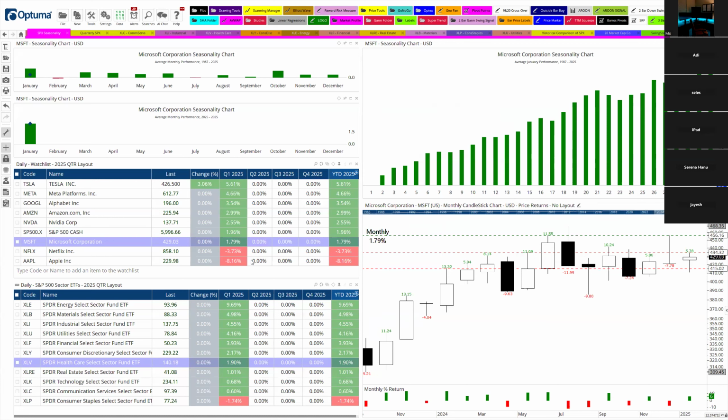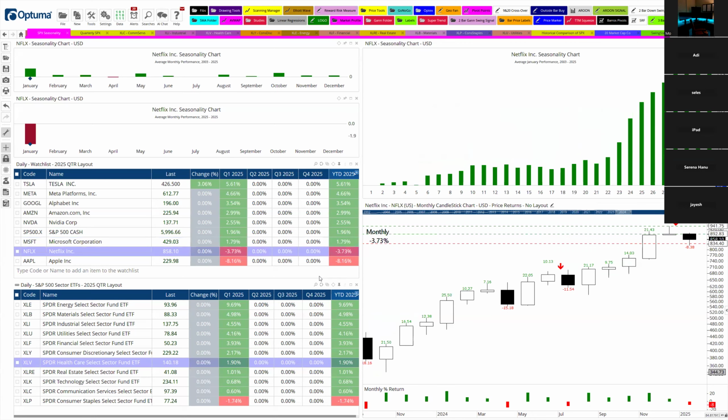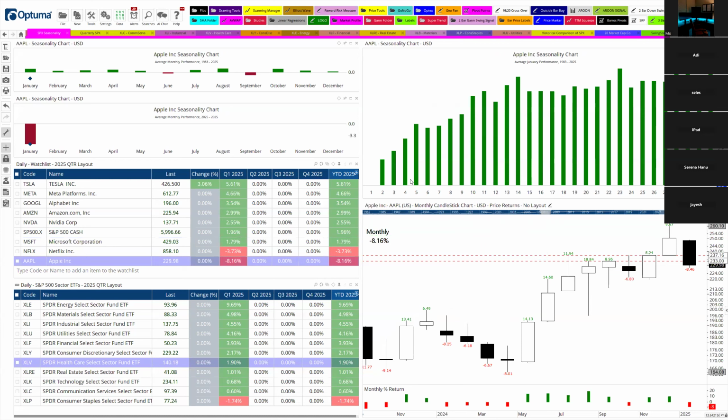So I did those two. Netflix, oh, we have earnings coming. And this is Apple. Apple has a pretty strong seasonality for January, but it's not working out for sure. That is definitely going against.